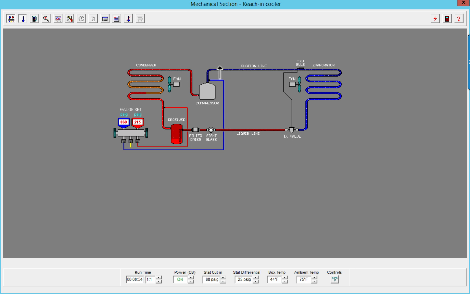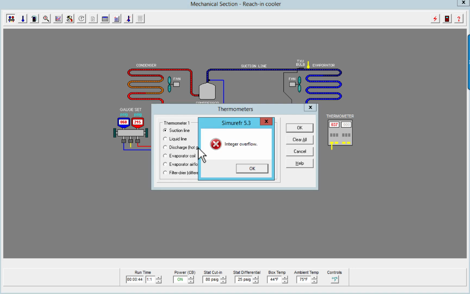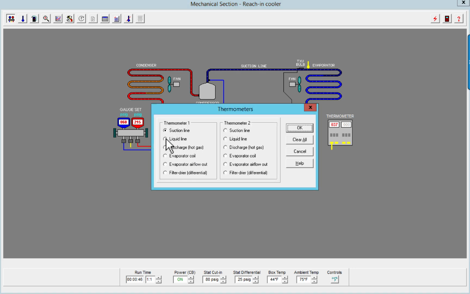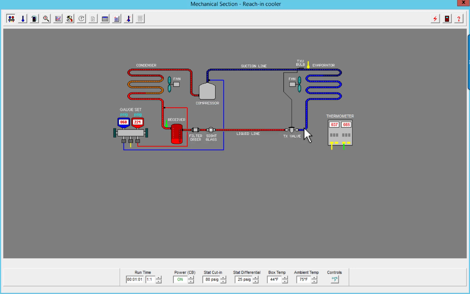If we take a look at my ambient temp, actually my ambient temp is 75 degrees. Let's go ahead and I'm going to put 2 probes on here.